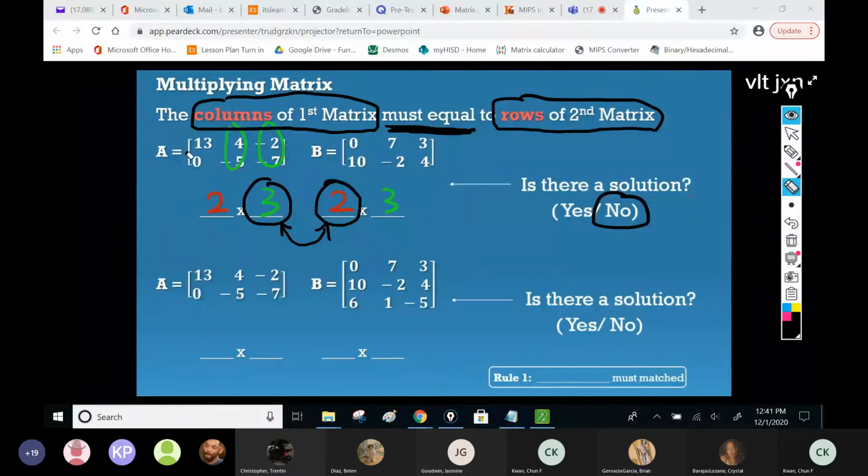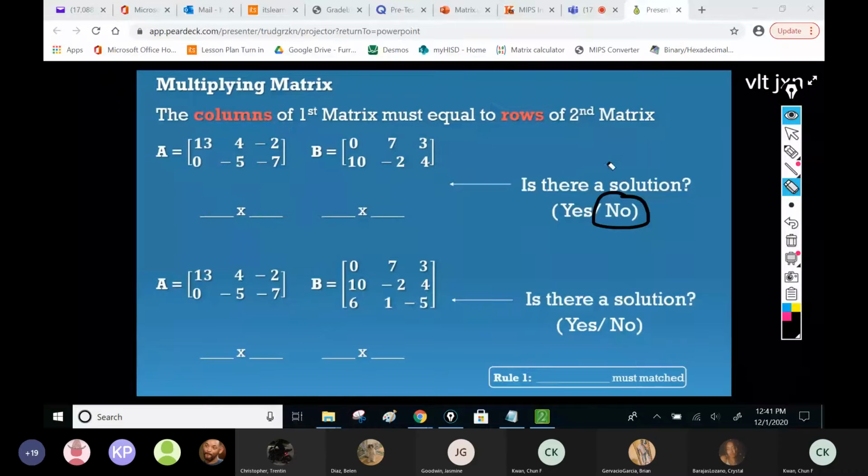Renee, take a look at this. Look at the statement again: the columns number of the first matrix. Right here, you got three columns, and the rows of the second matrix. That means this number right here.